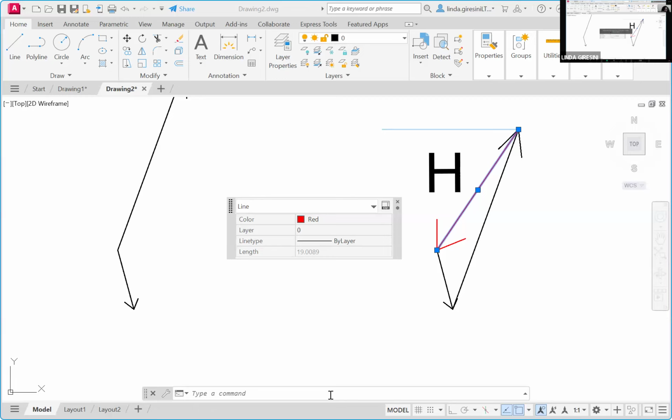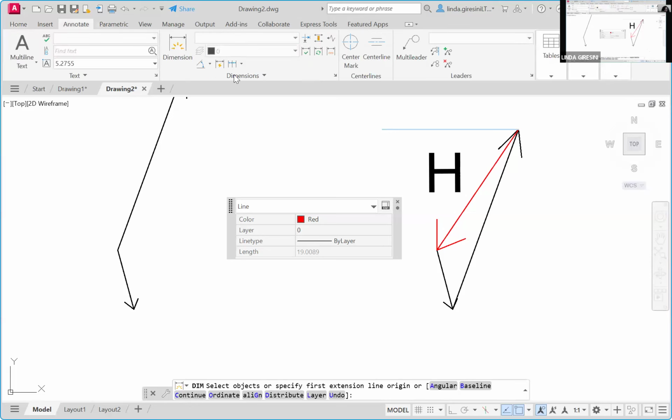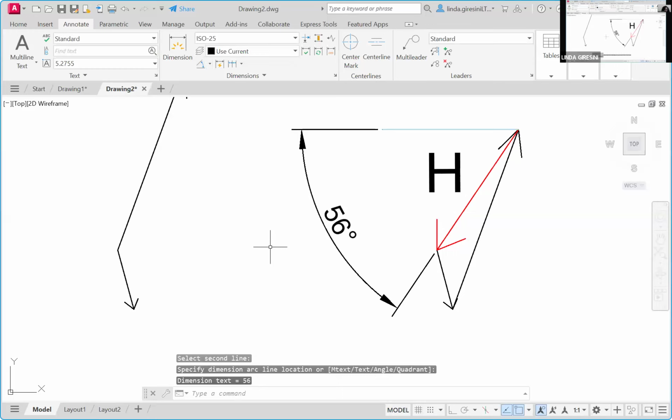So with the annotate bar, we go on dimensions, angular, 56 degrees.